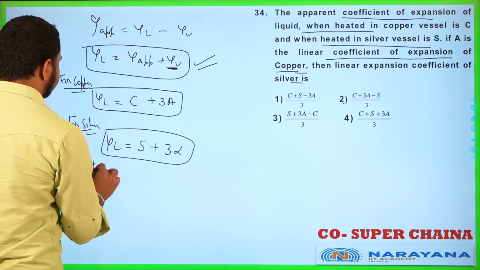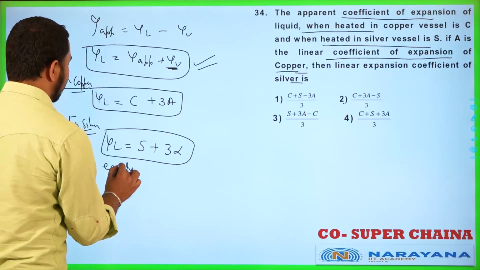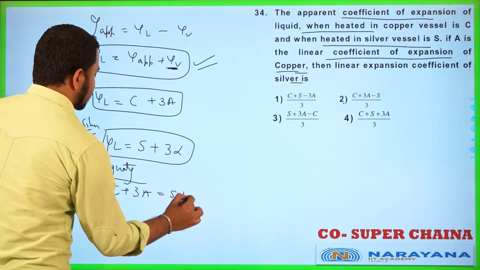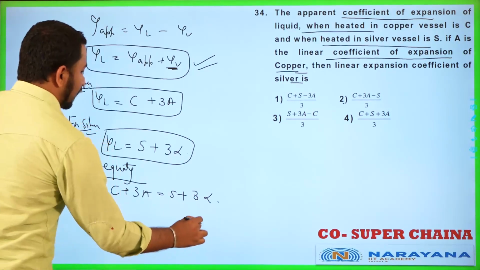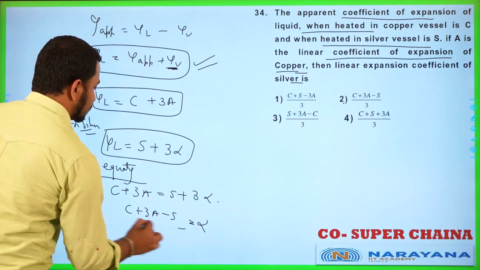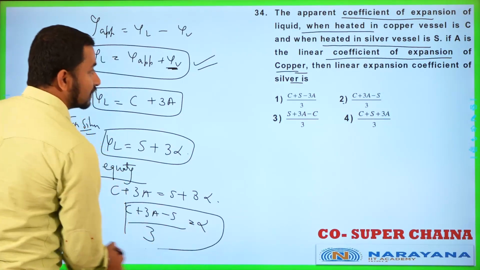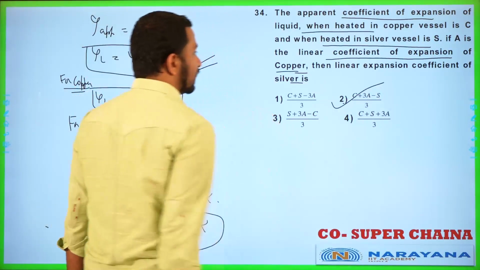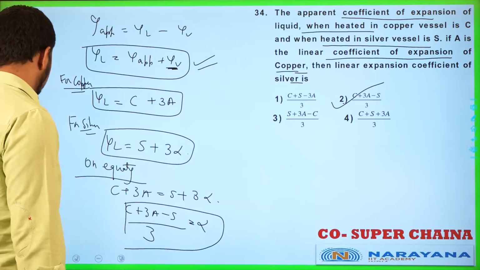On equating, we get C plus 3A equals S plus 3 alpha. From here alpha will be (C plus 3A minus S) by 3, and that is the answer of this question. So let's move to the next question, students.